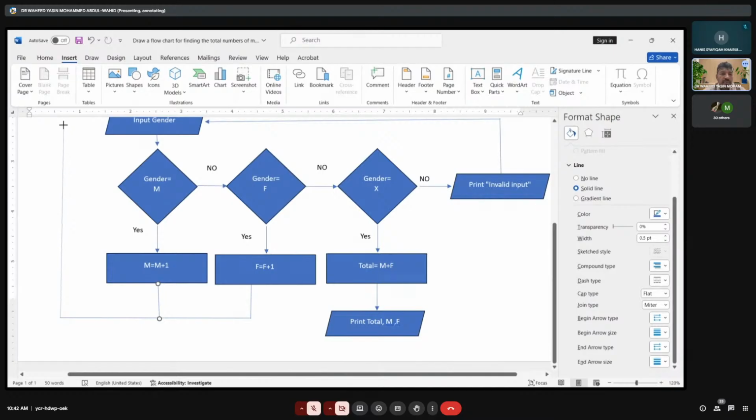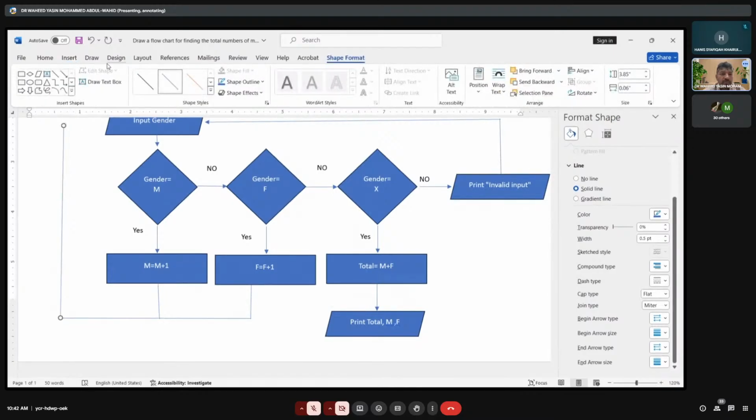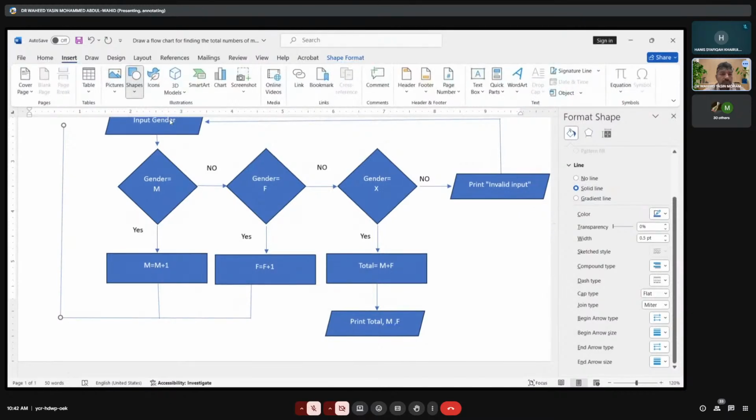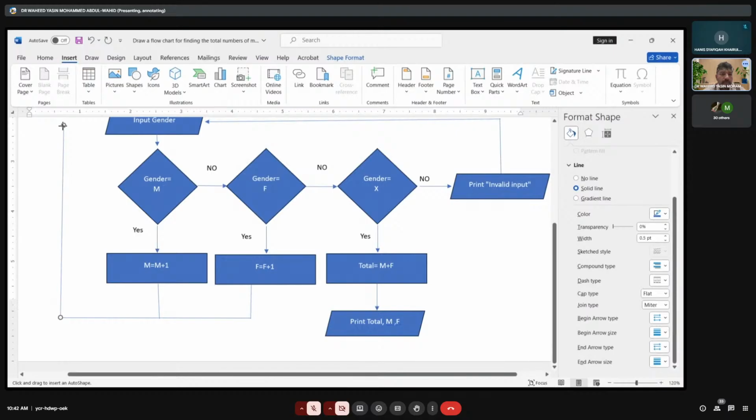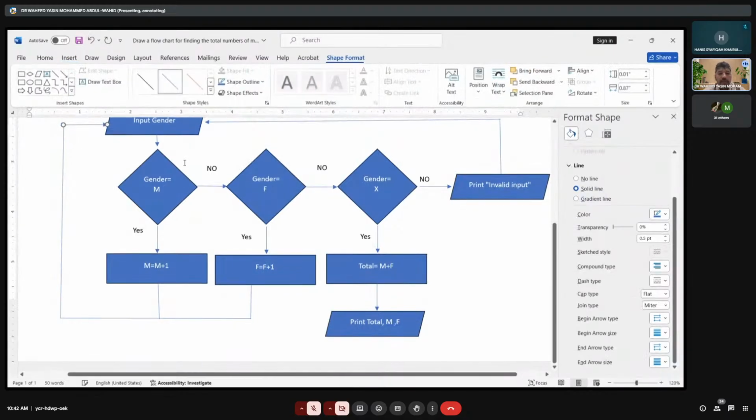After input, we go... okay. Now here, if yes, M plus 1, if gender F, F plus 1, if gender X, yes, total M plus F, print total, M and F. If it's not M or F or X, print invalid.